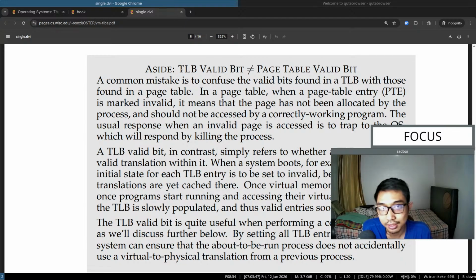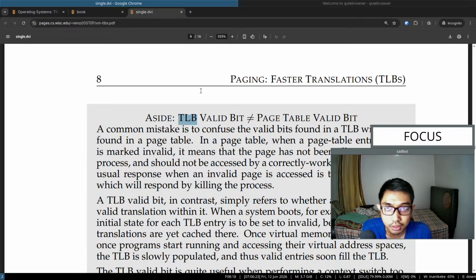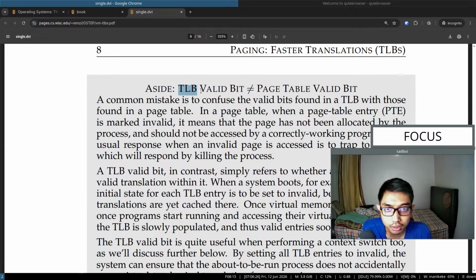If I remember correctly, TLB stands for translation lookaside buffer, not take a look aside buffer, something like that. But in this case, it is a translation lookaside buffer. So I'm not sure which one is correct, or maybe I just misremembered that.